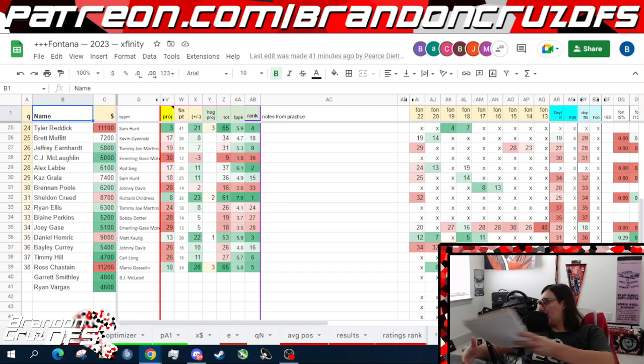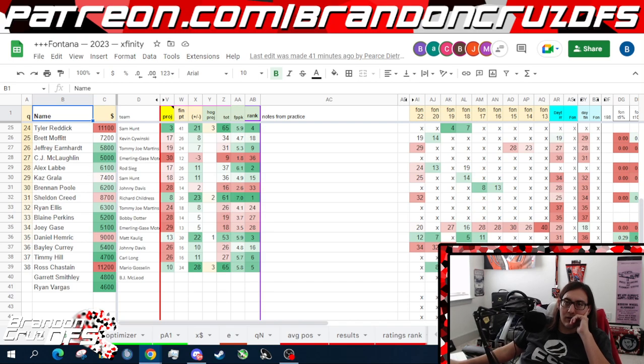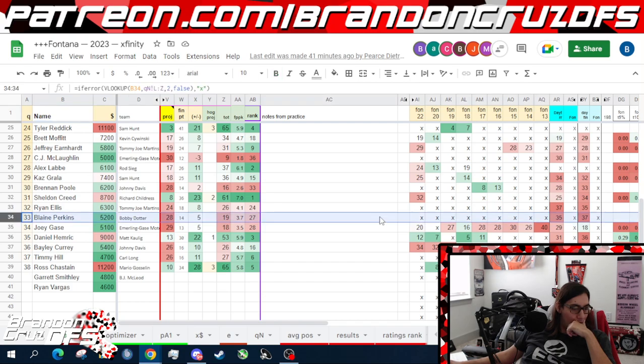Let's do some quick research. Let's look at these cars, y'all. I'm gonna compare directly between Perkins and Joey Gaze. You can see Joey Gaze in this car for his team last year finished 20th because it's turned into a wreck fest. I want to see these two cars real fast.